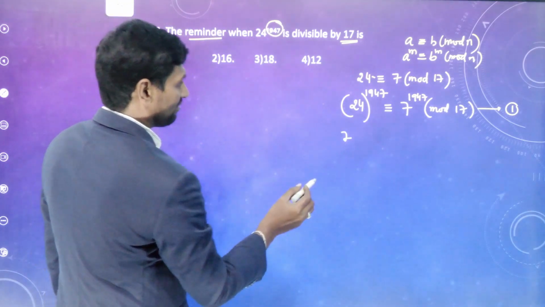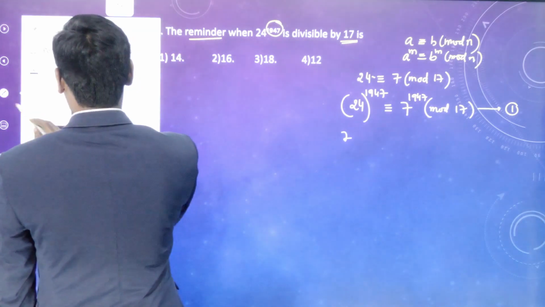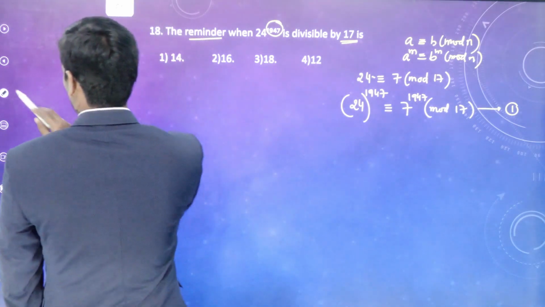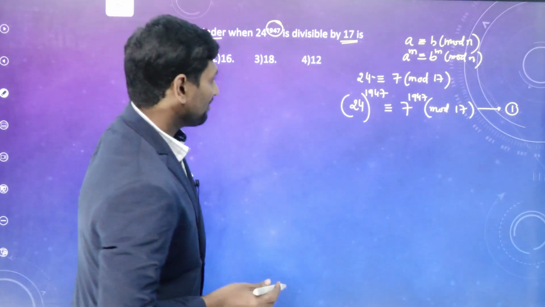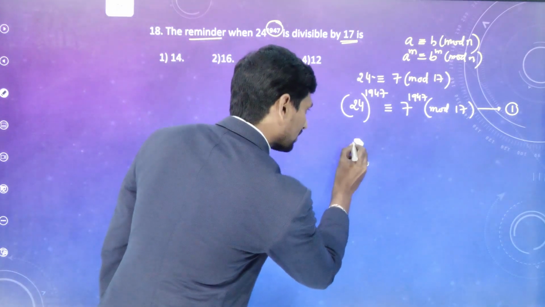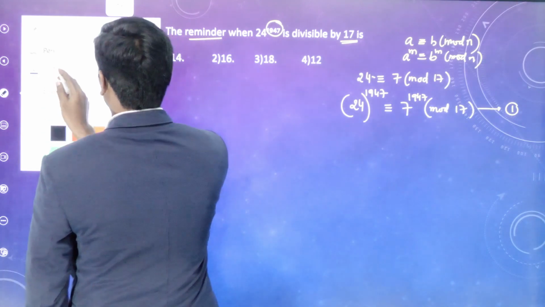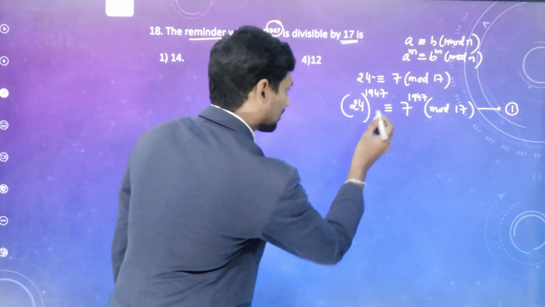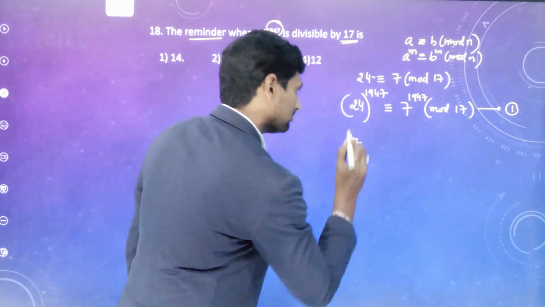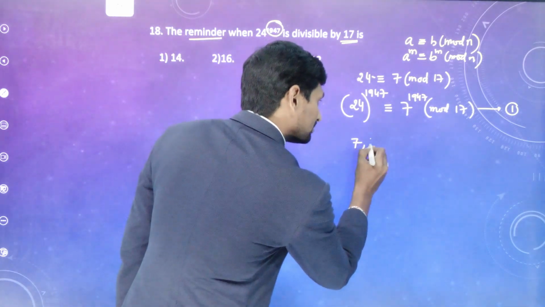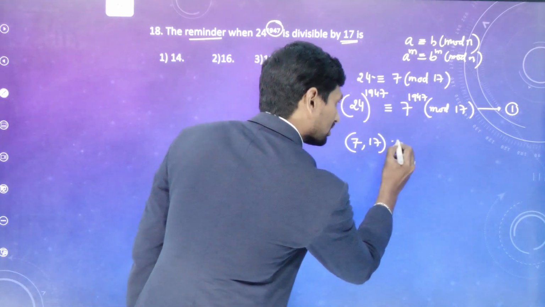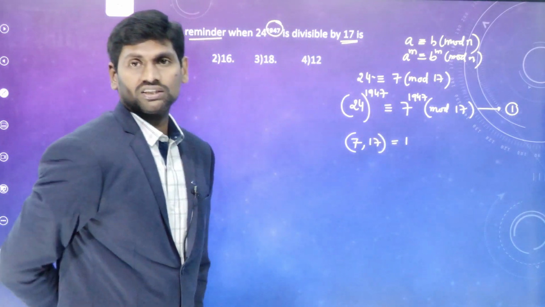7 and 17, while you are observing here, are 7 and 17 co-primes or not?